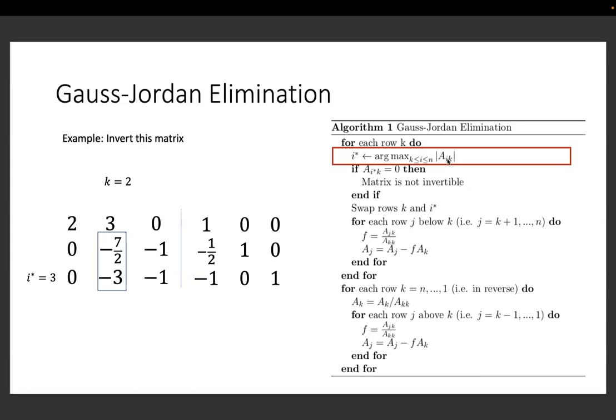So I made a mistake here, because we need to find the maximum absolute value, which can be this one, which means that the absolute value of minus 7 divided by 2 is equal to 3.5, and this is larger than the 3.